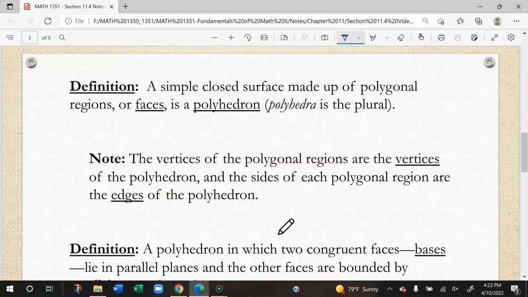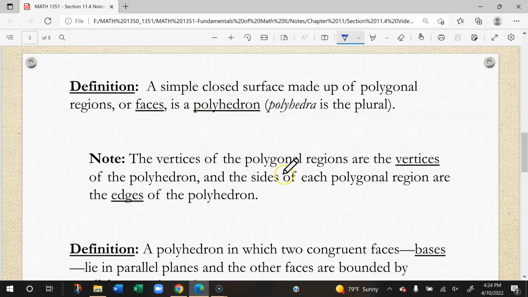Now, a simple closed surface made up of polygonal regions or faces is a polyhedron. So those things that are made with actual sides are polyhedra.